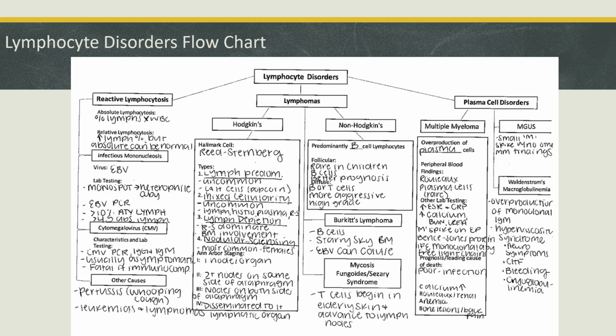And remember, a lot of these are happening in the lymphoid tissue, so the lymph nodes, maybe the bone marrow. Usually Reed-Sternberg cells and Hodgkin's lymphoma are more associated with lymph nodes, or at least that's where they start, and then they may disseminate.